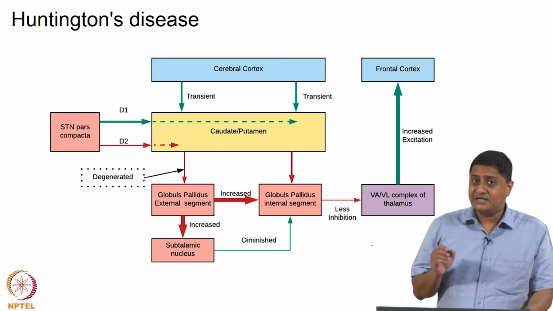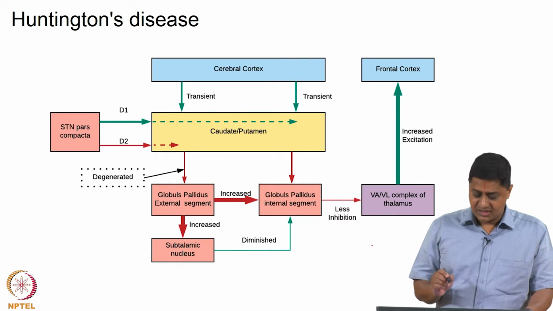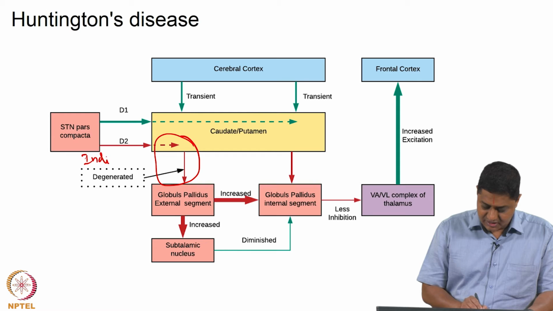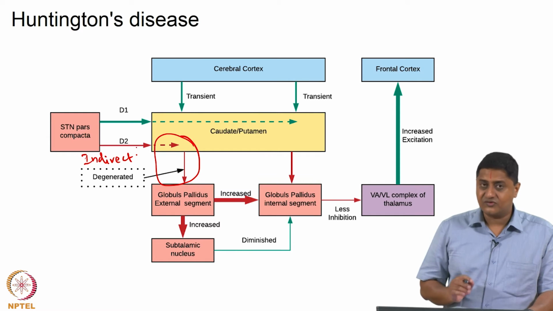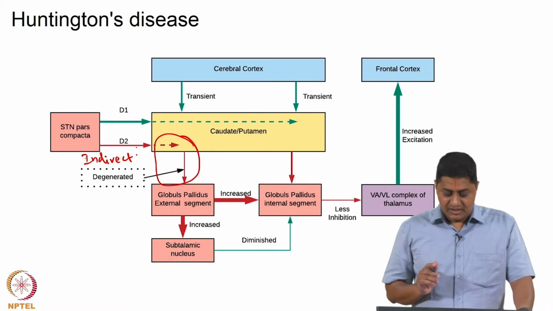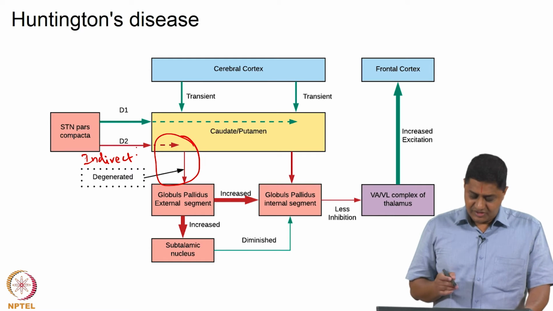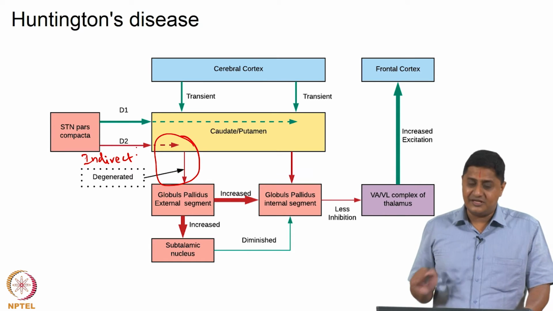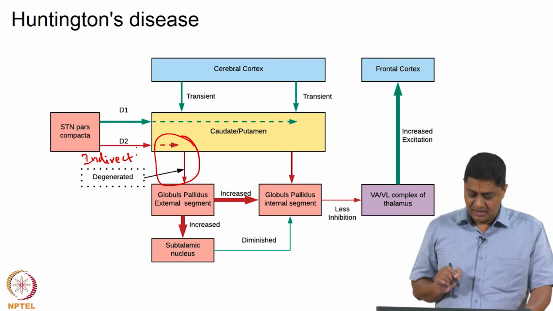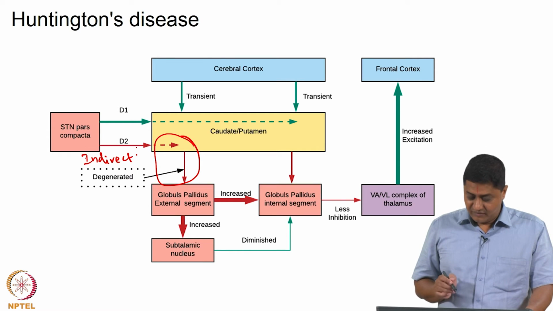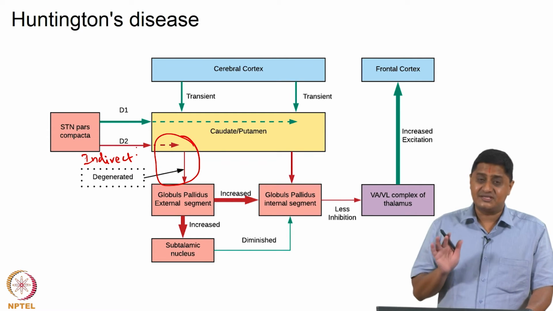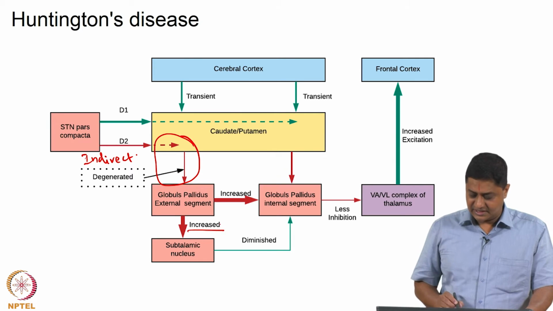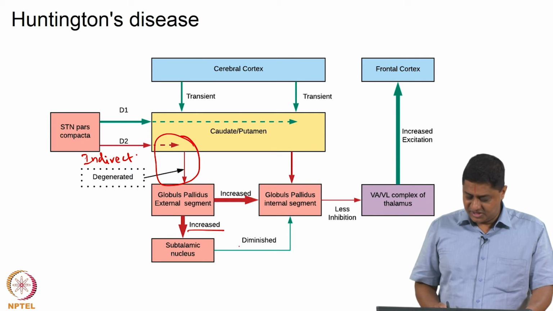So, what exactly is happening in this disease, what pathway is affected? It turns out that Huntington's disease involves selective degeneration of the indirect pathway. So, that means what? The neurons from the striatum to the GPe are affected. This leads to a situation where the subthalamic nucleus is inhibited to a greater extent, thus diminishing the subthalamic nucleus input to GPi, right.